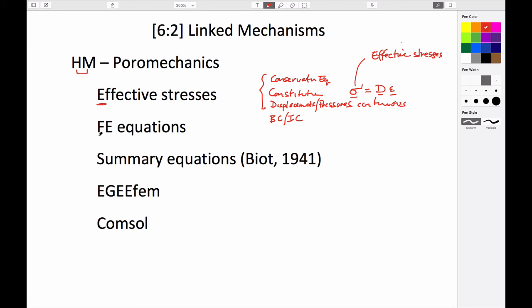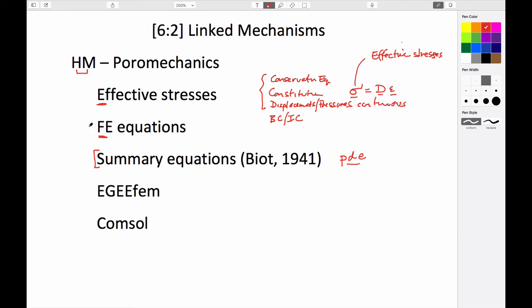And we can develop finite element equations for those. These equations can also be cast as partial differential equations, PDEs, which is useful for us as well, but we won't focus on that. Then we can implement these finite element equations in one of two ways.